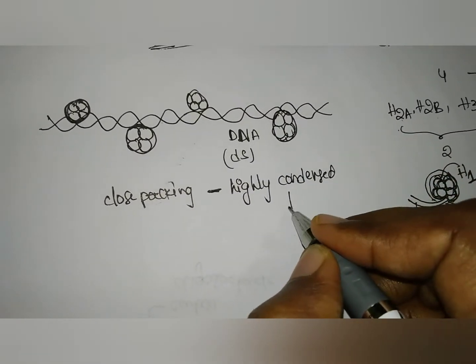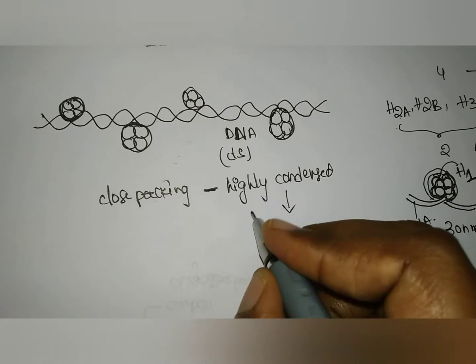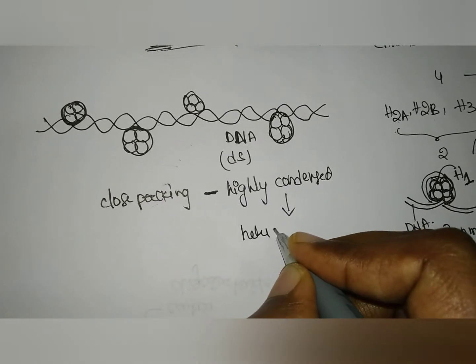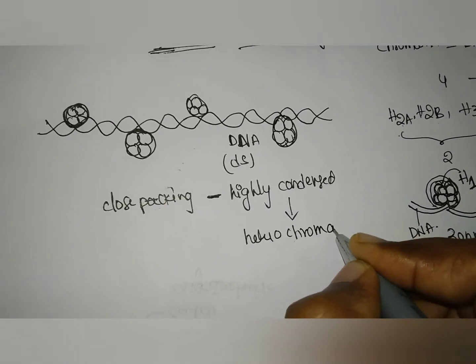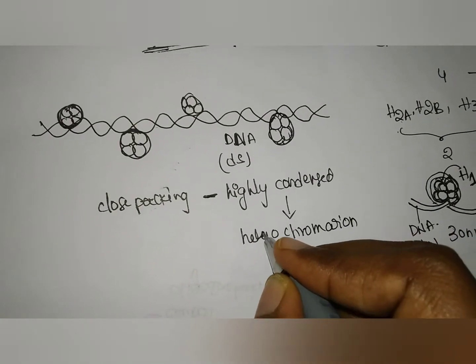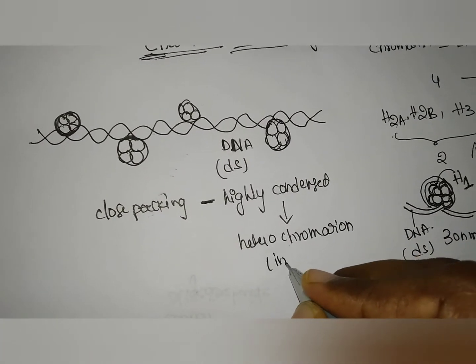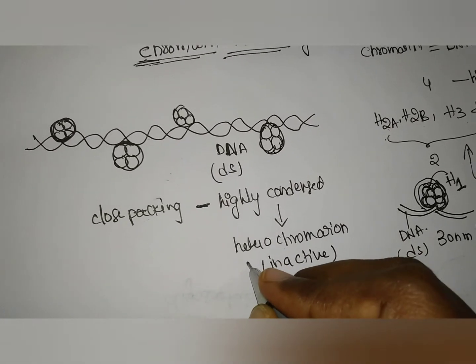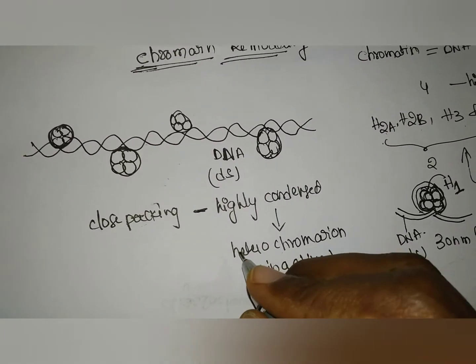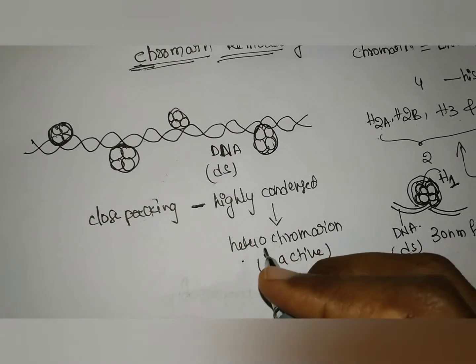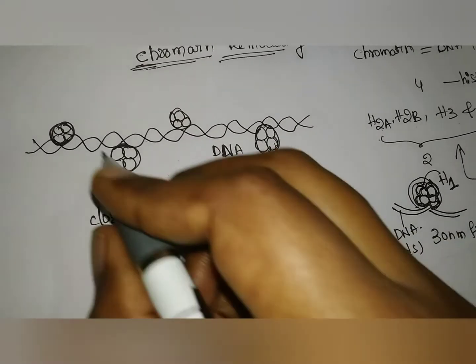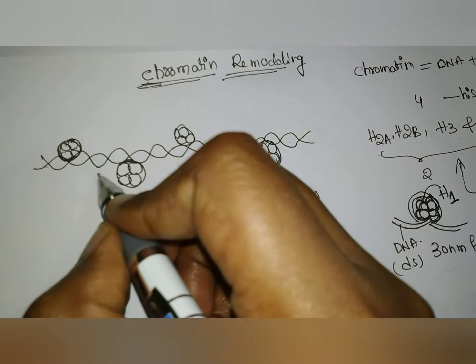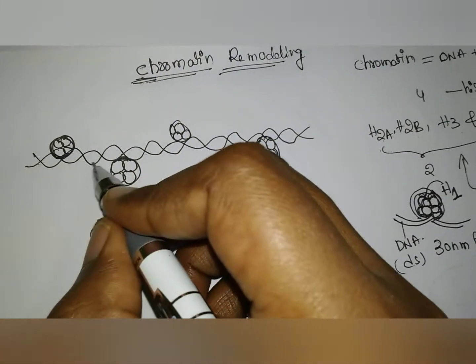So this highly condensed chromatin is called what? Heterochromatin. This heterochromatin is inactive. When the histone proteins and DNA are bound, transcription does not take place because the two strands are in a helical form.